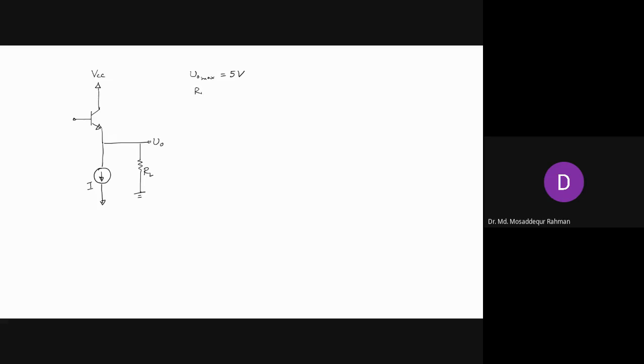Then RL, let's say, is 1 kilo, right? Then I naught max is your V naught max divided by your RL, right? And V naught max is 5 volt, and RL we have 1K. So that gives us I naught max as 5 milliampere.